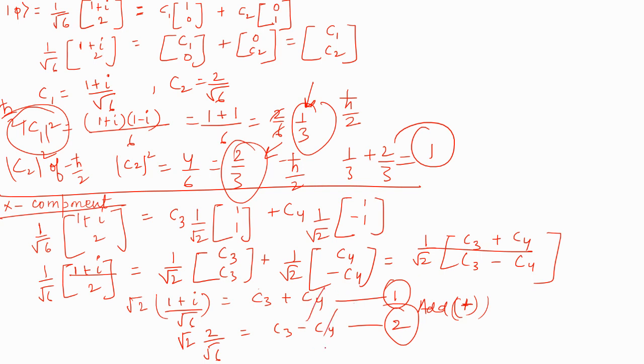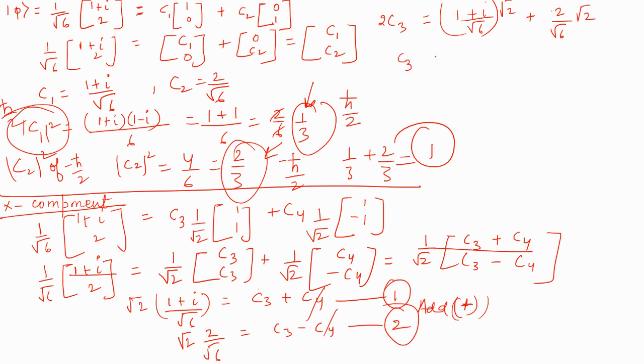Okay, so C4 will cancel. I'm adding these two equations. So 2C3 is equal to (1 plus iota) root 6 root 2, plus 2 root 6 root 2.